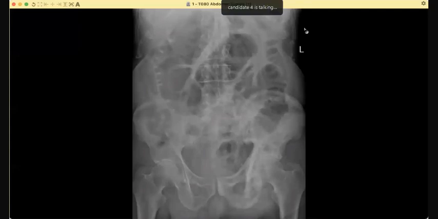So I would like to convey my findings to the clinician and request an urgent CECT abdomen and thorax to look for the transition point. Which bowel loop is this? What is this loop? Okay, so I think this is the transverse colon with loss of haustrations, and some of it also shows a thumbprinting sign.